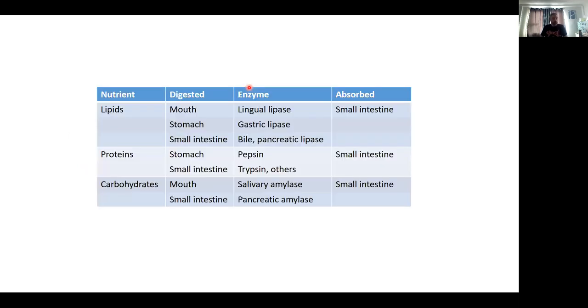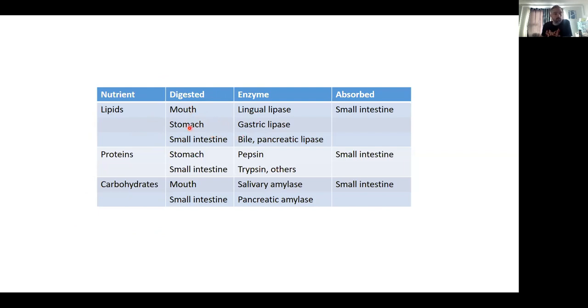So to sum up here kind of what's breaking things down, where things are being absorbed. In the next chapter, we'll talk about three major nutrients: lipids, proteins, and carbs. Lipids get digested in the mouth a little bit, the stomach a fair amount, and the small intestine also.